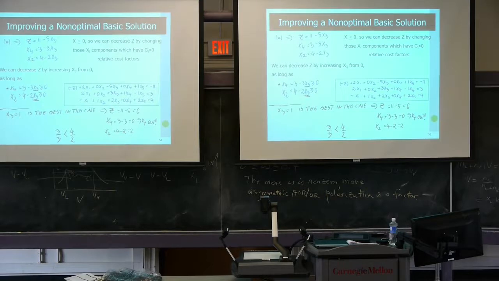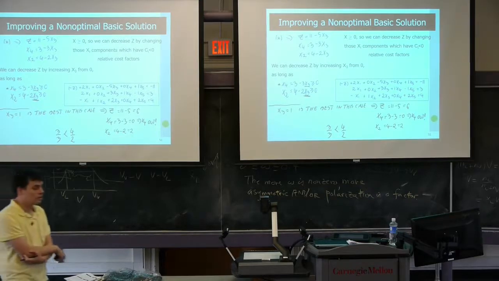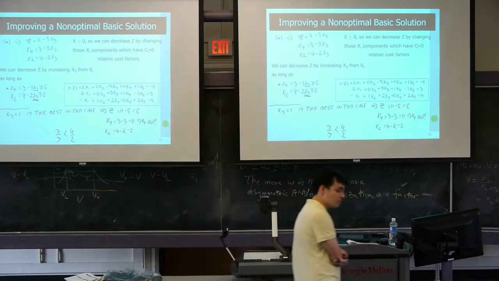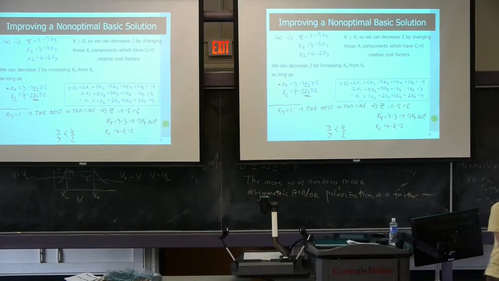So what's the geometric interpretation of this? We had some basis, basic variables, and you can think of them as defining hyperplanes; at the intersection of those hyperplanes, we are in that corner.